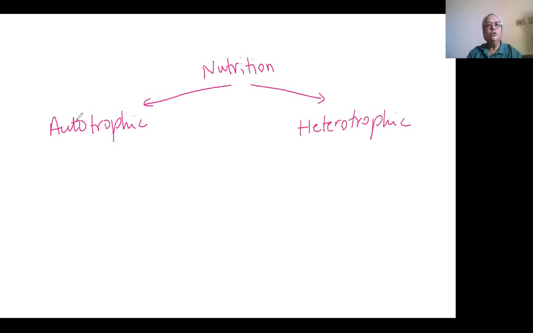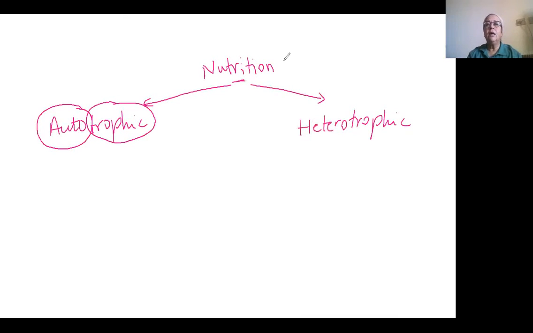What's the meaning of autotrophic? It's composed of 2 words, auto and trophic. The word auto means automatic, and the word trophic comes from the word trophism, which means, again, nutrition. Heterotrophic is the kind of nutrition that is not automatic.